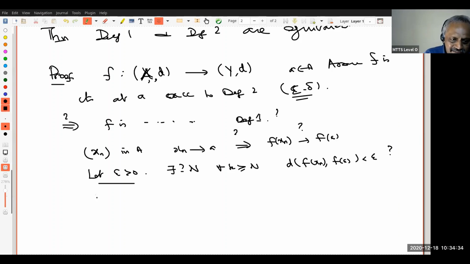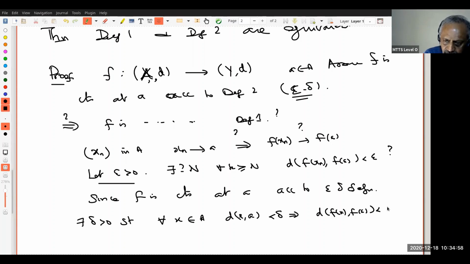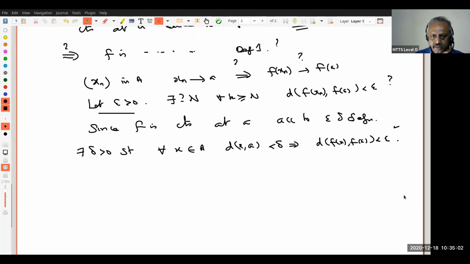Since f is continuous at a according to the epsilon delta definition, there is a delta positive so that for every x in A with distance between x and a less than delta, we have distance between f(x) and f(a) less than epsilon. Yeah? Do you accept it?